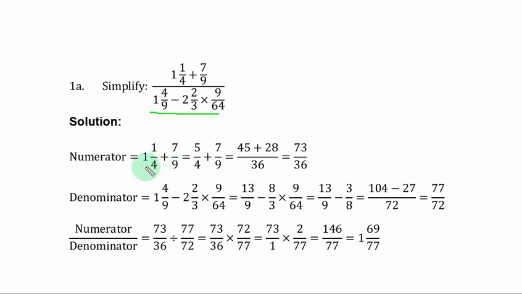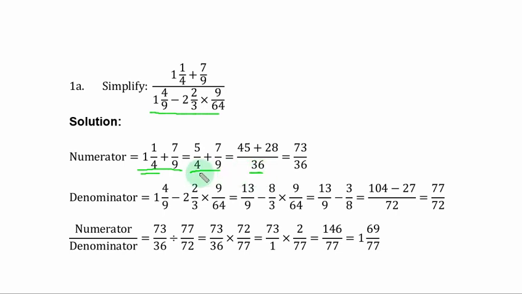So this is the numerator. Let's convert this mixed fraction to an improper fraction, and you have 5/4 + 7/9. This is fraction addition, so you find the LCM of 4 and 9, and that is 36. Next, you divide the LCM by each denominator and multiply your answer by the numerator.